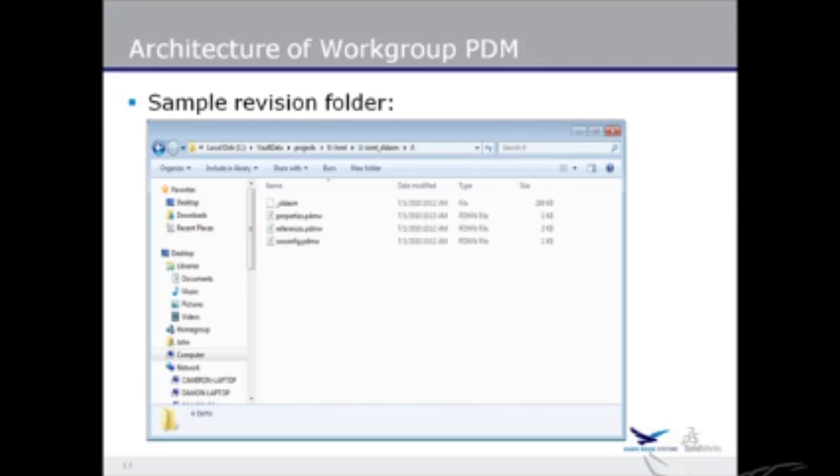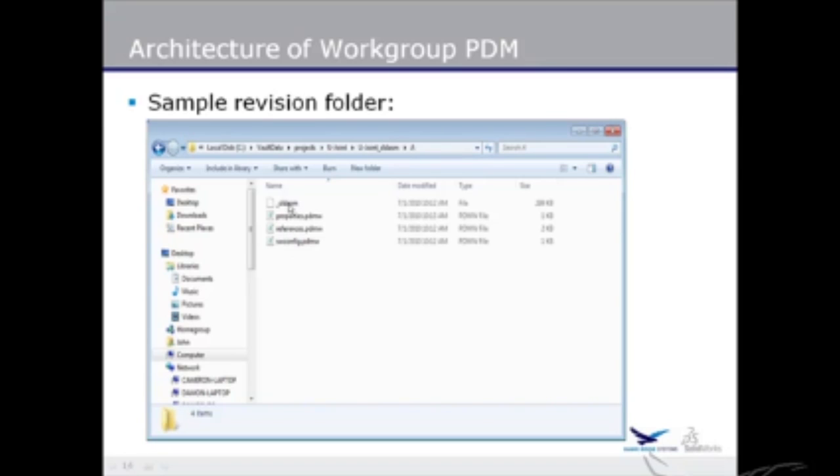Then you've also got 3 PDMW files. Properties.pdmw, those are the properties, the custom properties in SOLIDWORKS for this file at revision A. You've got a references file, that is the references for this file at revision A. And then you got the swconfig file, that is the SOLIDWORKS configurations that exist for this file at revision A. And the reason I keep saying at revision A is because these text files exist for every revision, as well as the SOLIDWORKS file.